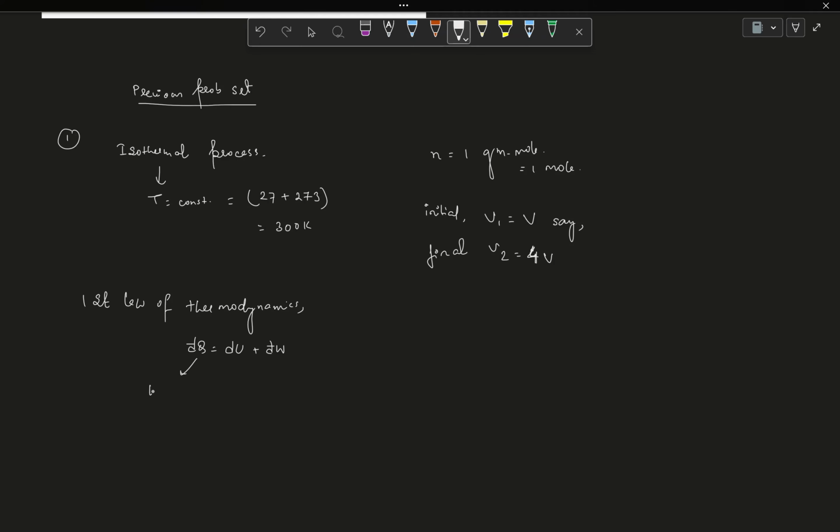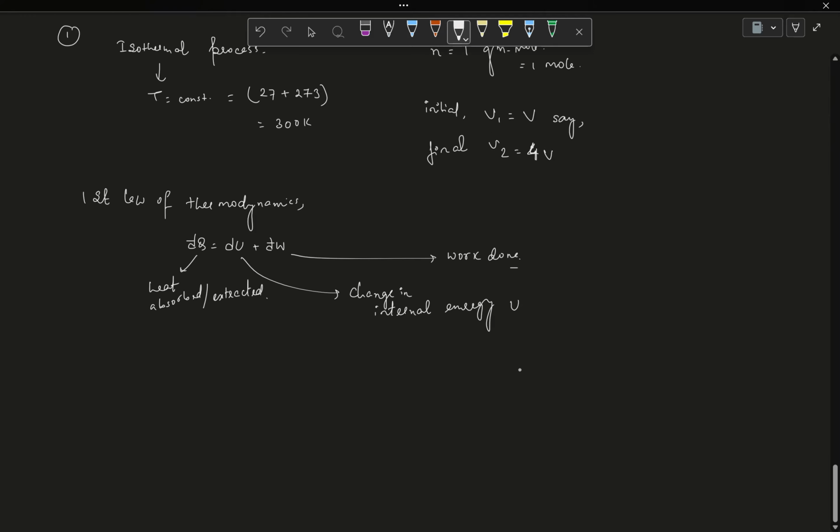So dQ is the heat absorbed or extracted, depending on the process we are talking about. dU is the change in the internal energy U of the system in this process, and dW is the work done. It can be work done by the system or on the system, and that depends on the process we are talking about, and that will decide the sign of dW.